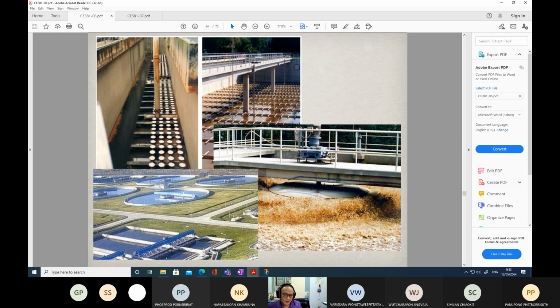So these dead cells will be degraded like what happens with the organic substance. Degradation of the dead cells produces energy, and all the cells become simple end products at the end, like ammonia, carbon dioxide, and water molecules. So these are what we discussed last week.